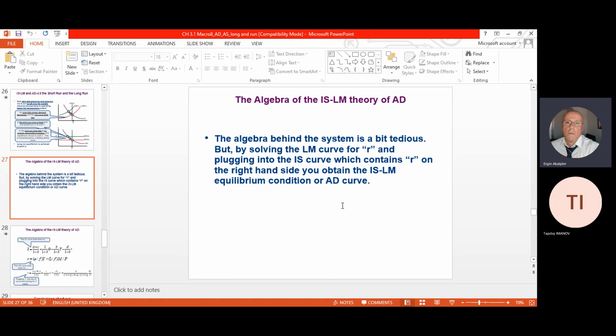The algebra behind the IS-LM theory of aggregate demand is a bit tedious, but by solving the LM curve for R and plugging it into the IS curve, which contains R on the right-hand side, you obtain the IS-LM equilibrium condition, or aggregate demand curve.